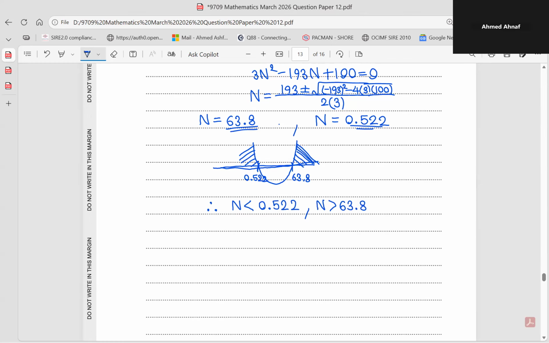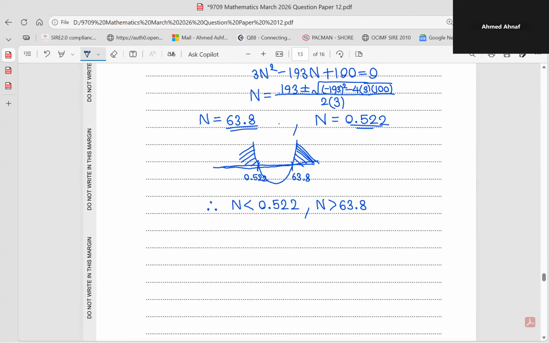For one of the solutions, we know it cannot be possible. One of the solutions is invalid, so we're going to reject this one. We know that n cannot be less than 1, let alone a rational number. So this is rejected, and this is the only correct inequality.